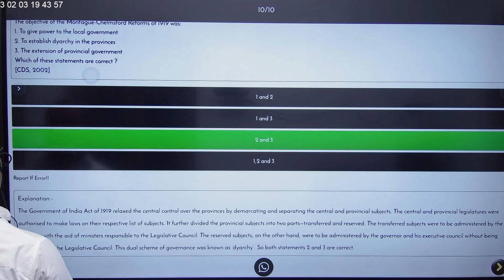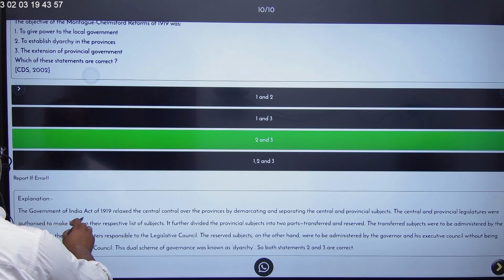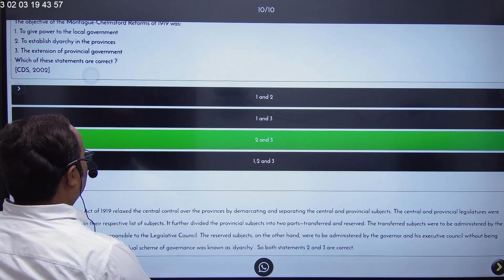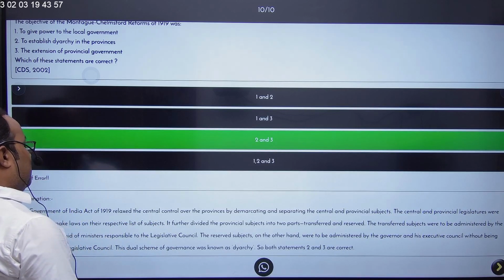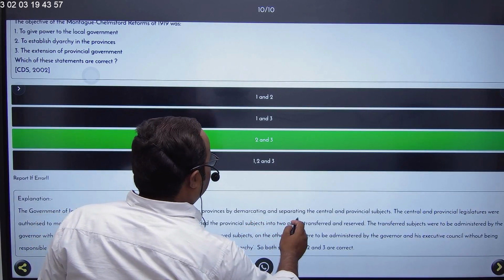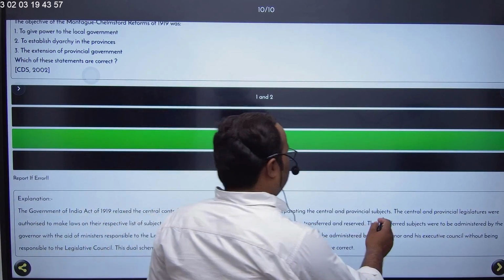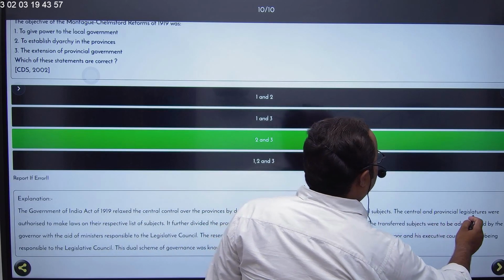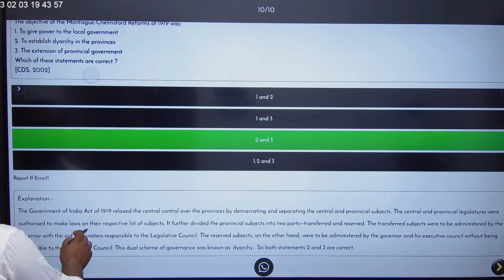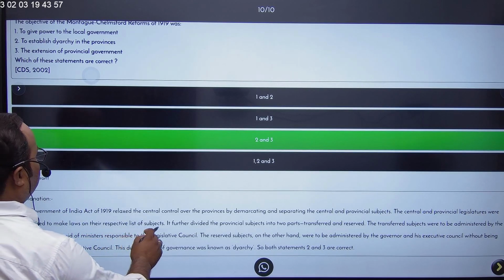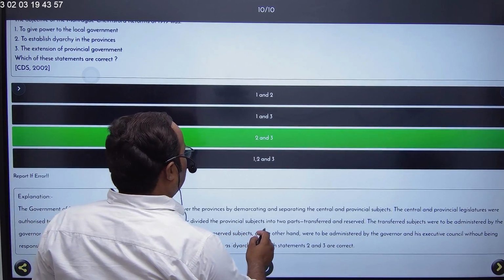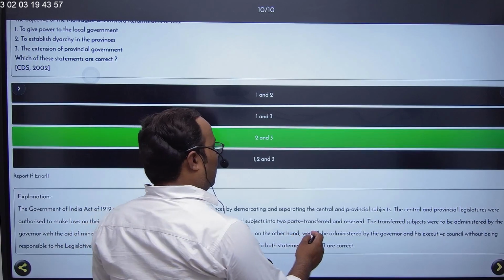The explanation is given here. The Government of India Act of 1919 relaxed the central control over the provinces by demarcating and separating the central and provincial subjects. The central and provincial legislatures were authorized to make laws on their respective list of the subjects. It further divided the provincial subjects into two parts, transferred and reserved.